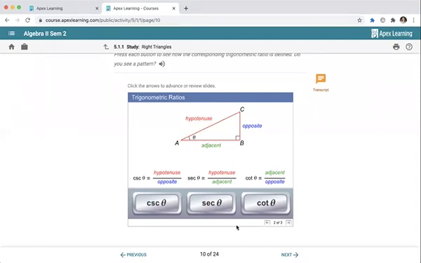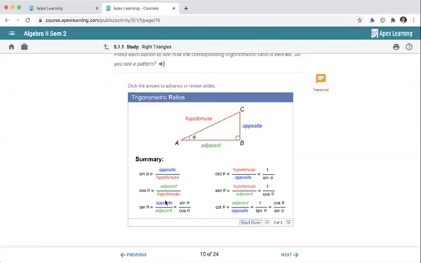These ones might not be as obvious, but if we look at these three in relation to our original three, we can draw some similarities. Before we jump over, tangent, our opposite over our adjacent, is also equal to sine over cosine.